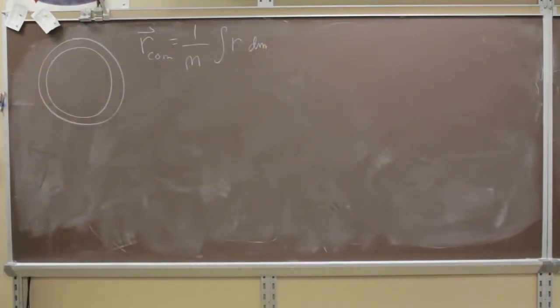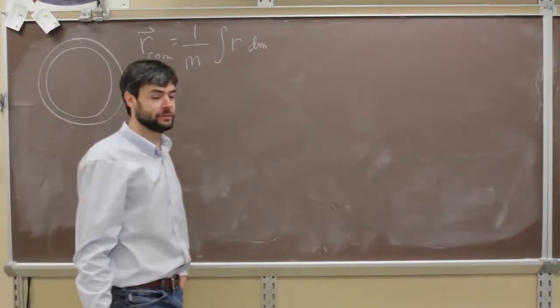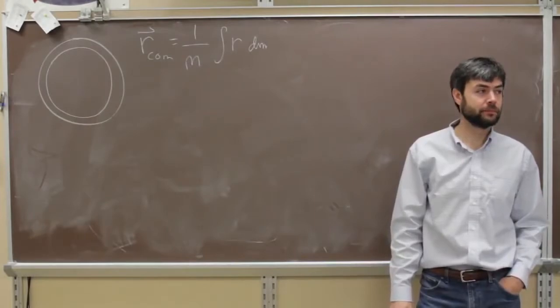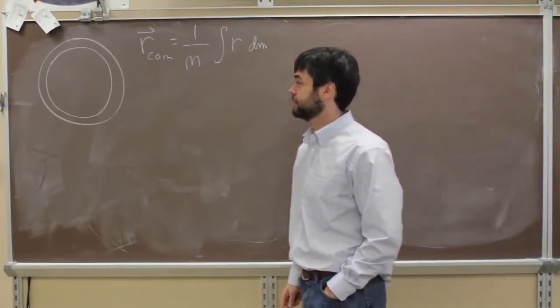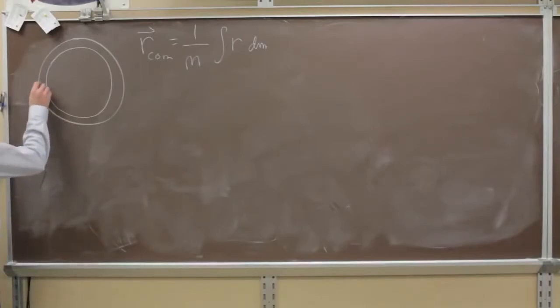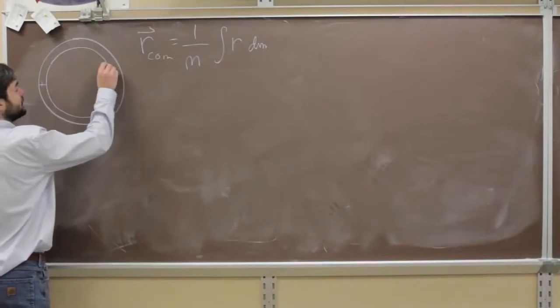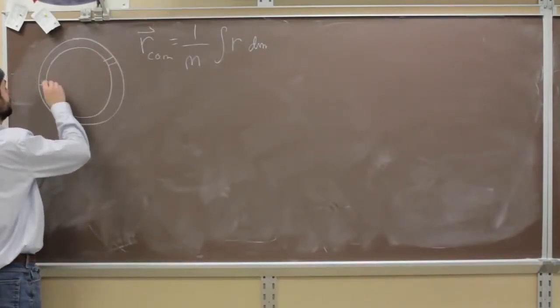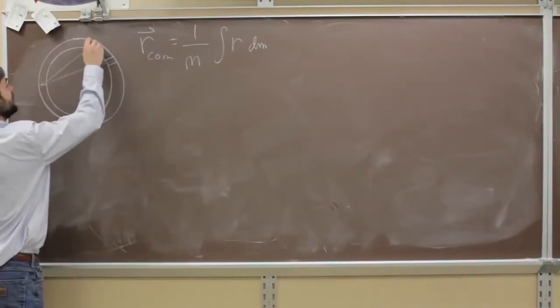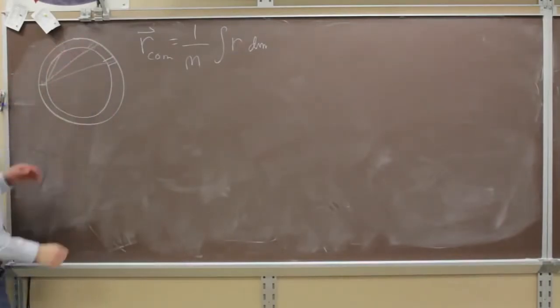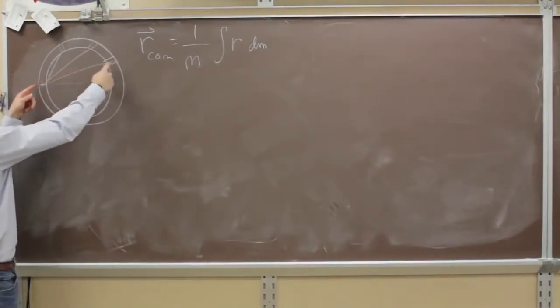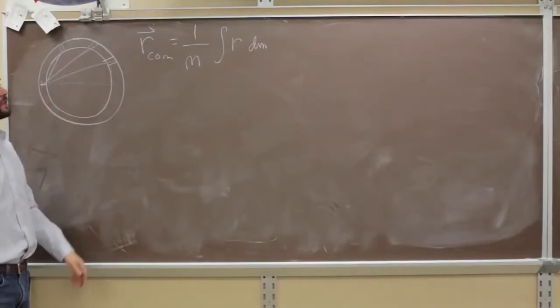And what's the first thing that we need to do? Origin. We got to choose an origin. Now, if you think about this, if we chose our origin to be here, and we were going to integrate, add up all those little masses, we would then have to add them up, and not only would the position be changing, but the length of this radius arm would be changing.